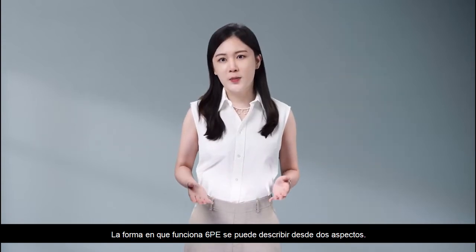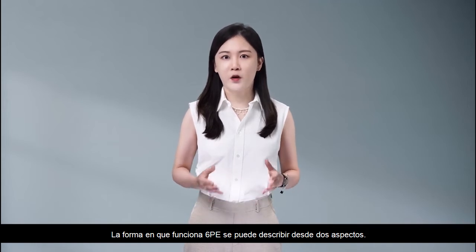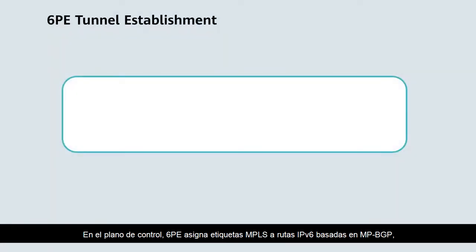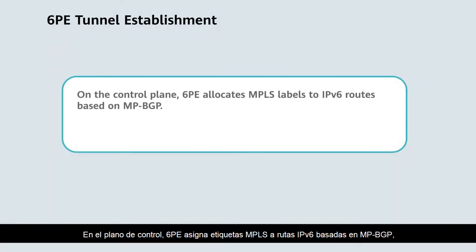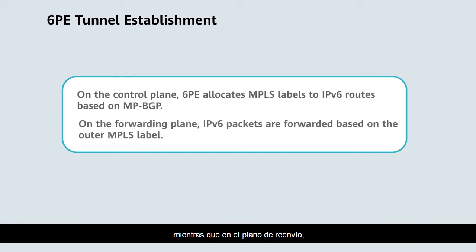The way in which 6PE works can be described from two aspects. On the control plane, 6PE allocates MPLS labels to IPv6 routes based on MP-BGP, whereas on the forwarding plane, it forwards IPv6 packets based on outer MPLS labels.